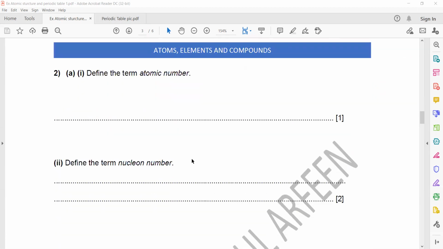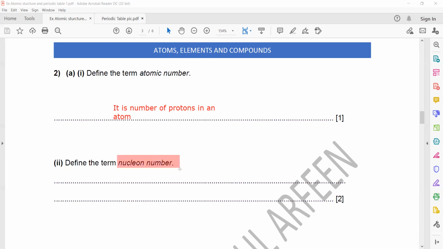Then define the term atomic number. What is the definition of atomic number? Atomic number is the number of protons in an atom. How many protons are there, that refers to the atomic number. What about the nucleon number?